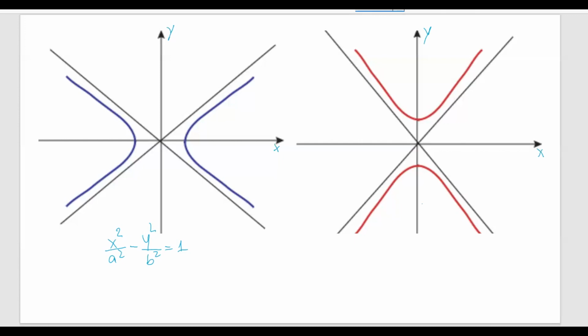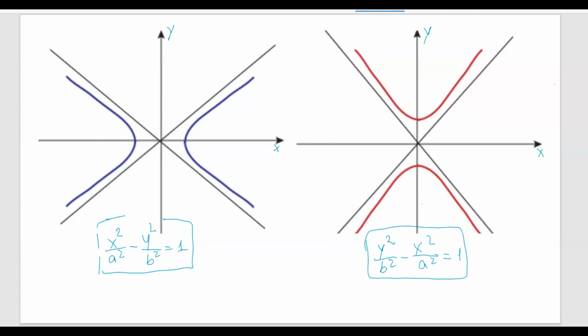It is going to look like this, also centered at the origin: y squared over b squared minus x squared over a squared equals 1. So just notice how when you have a hyperbola on the x-axis, the x term is positive, and when you have a hyperbola on the y-axis, the y term is positive.